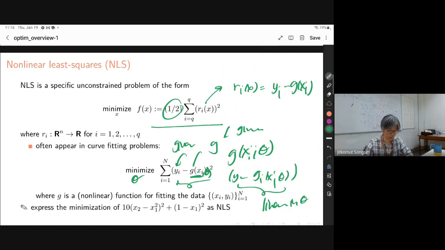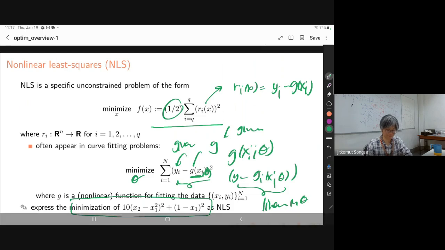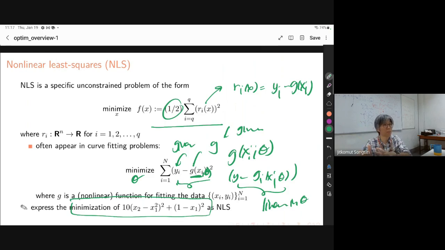For example, previously we have seen a problem of minimizing the Rosenbrock function. How can you represent it as a nonlinear least square? The very first thing is, is this a nonlinear least square or not? If it's this type, you can just use the dedicated algorithm for this problem.